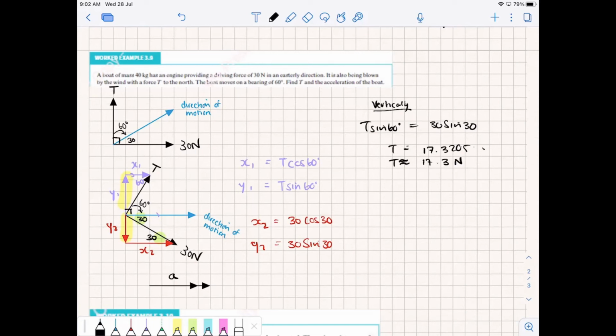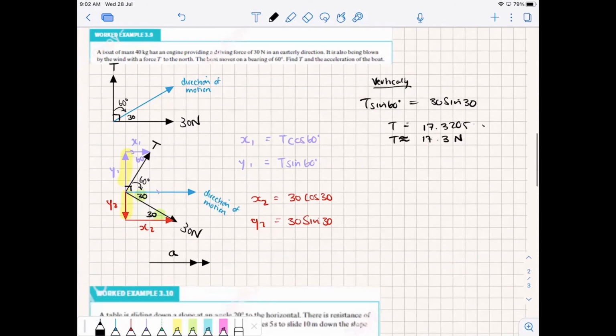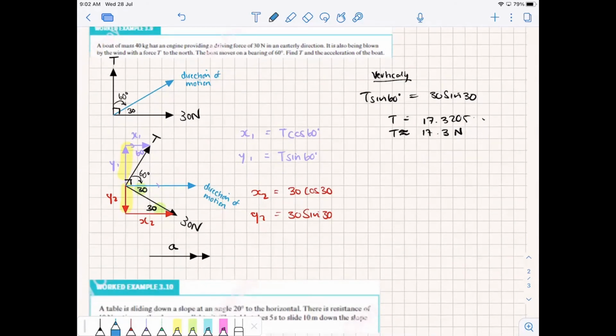Right, so from here now we've got the magnitude of force T, and so we can calculate the acceleration. When calculating acceleration, we need the force and the mass. We need the force in the direction of acceleration. So we need to look at the components that make up the force in the direction of the acceleration.